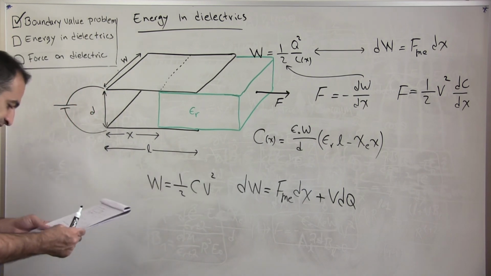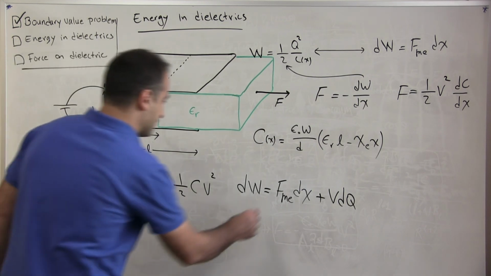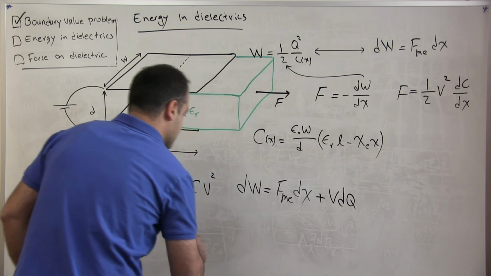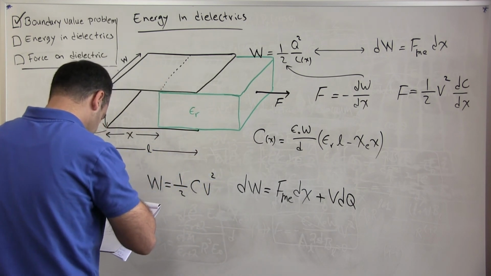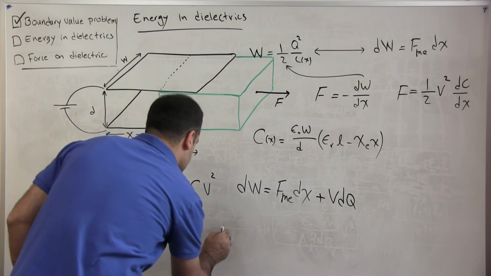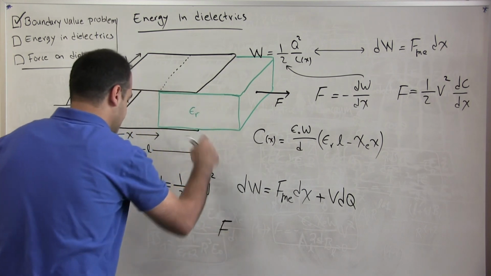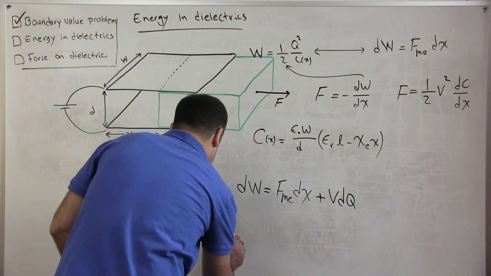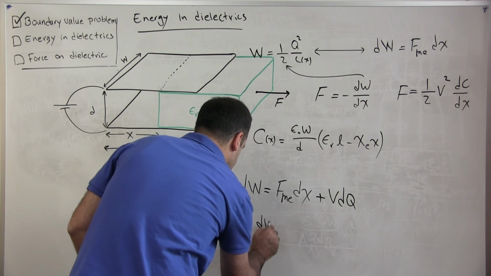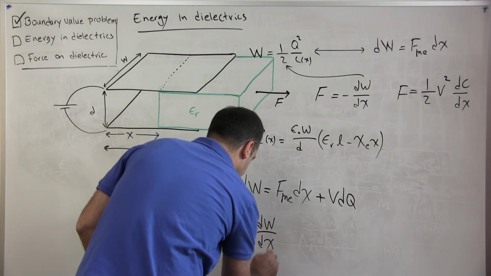If you look into that, if you write the force that the slab puts on me, F is going to be negative of dW over dx.